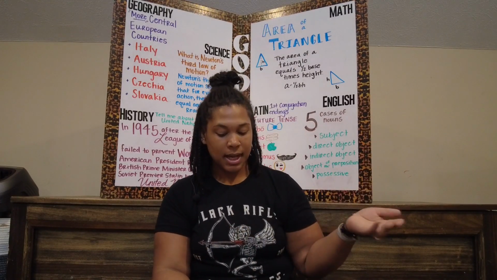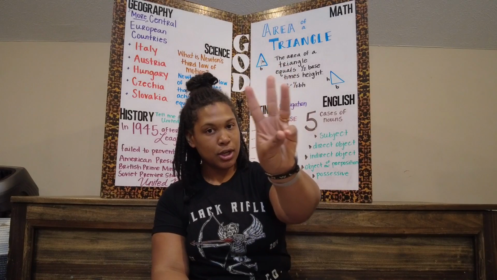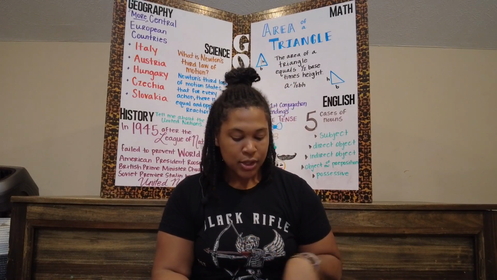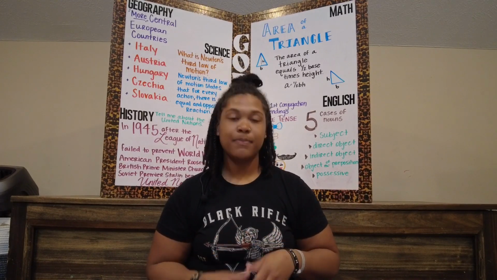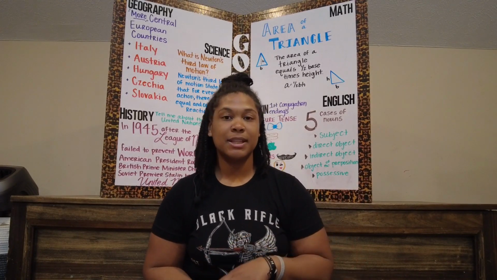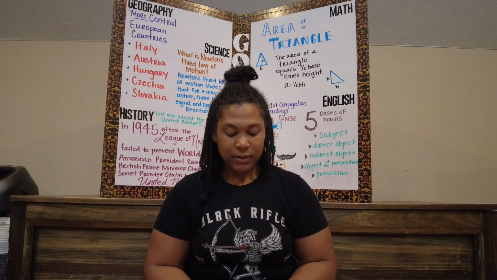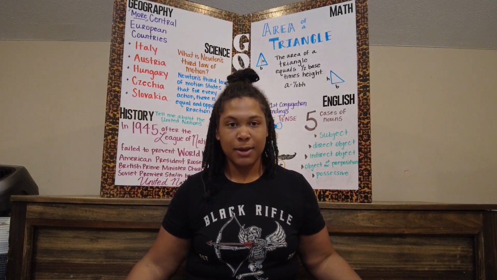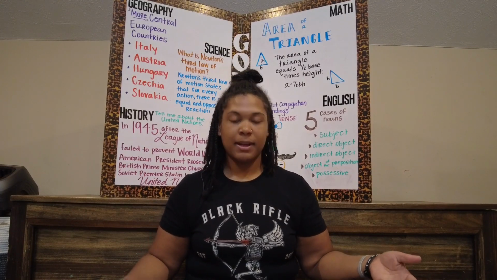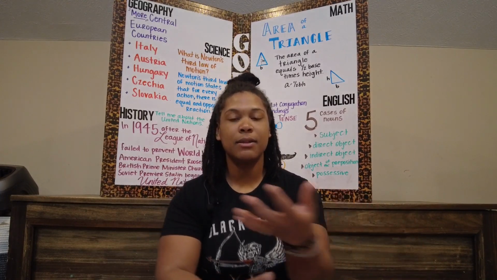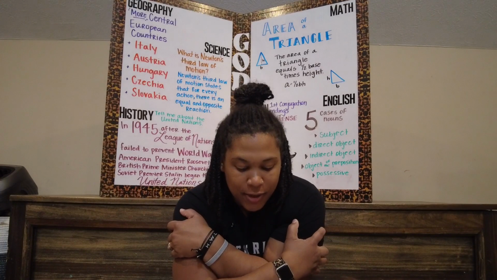Then moving to science, we learned Newton's third law of motion. So Newton's third law of motion states that for every action, there is an equal and opposite reaction. I can't do the full motion that we did since I'm sitting down, but whenever we said for every action, we got really down low to the ground and hugged ourselves.